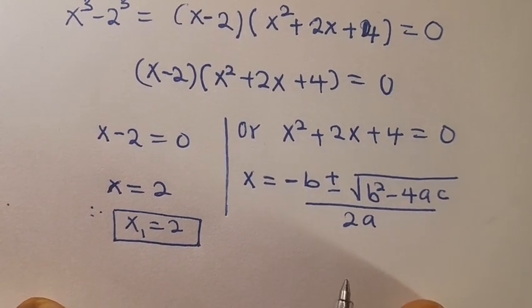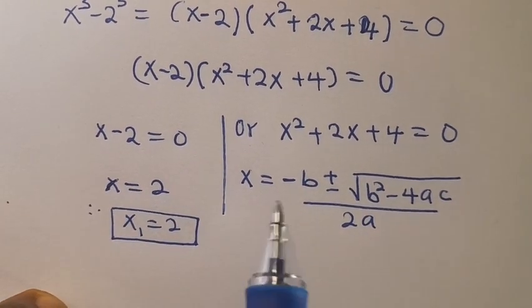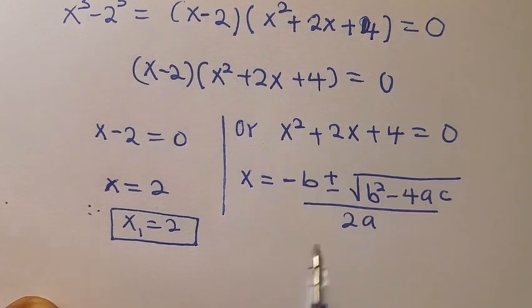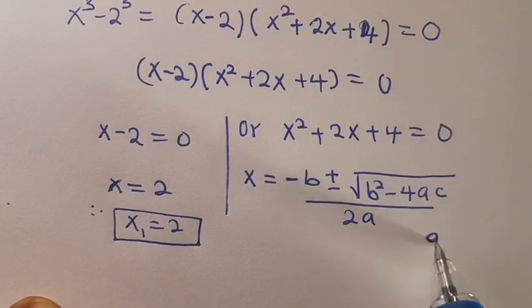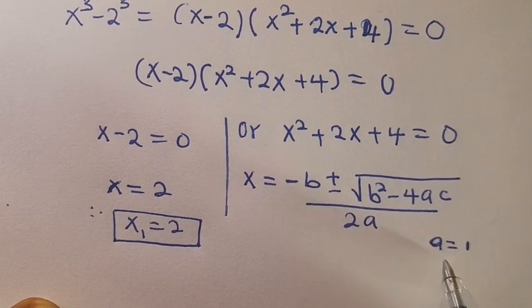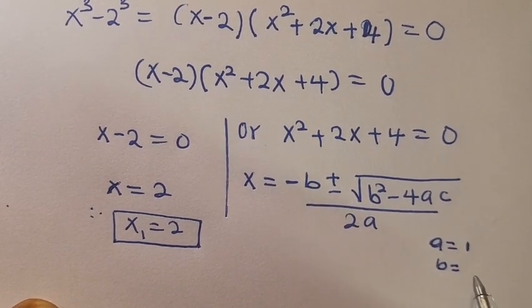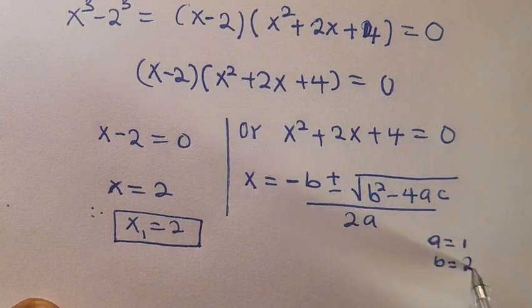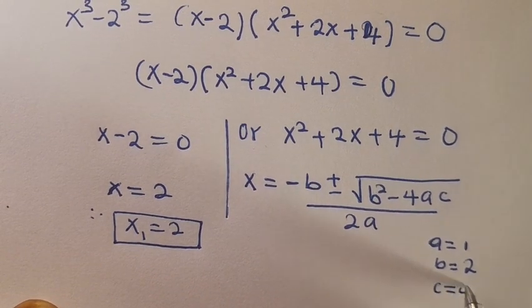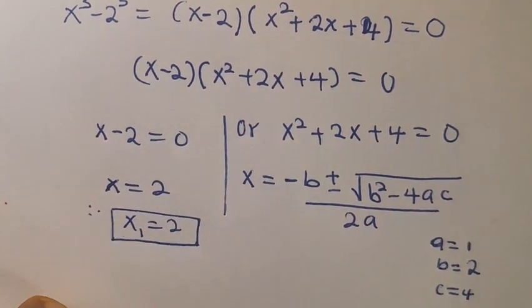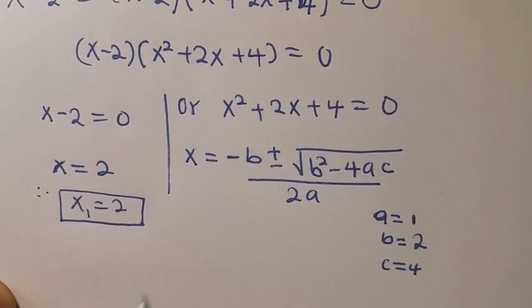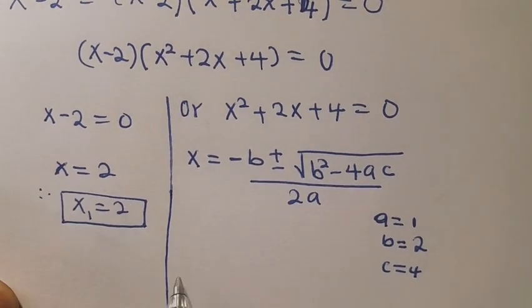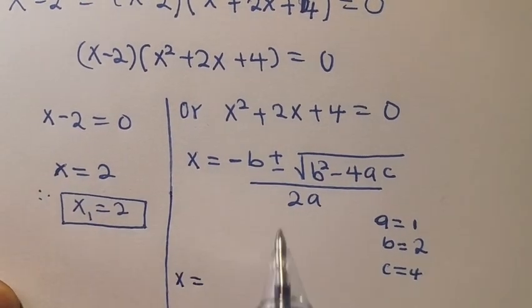And we are going to have this to be our a from the above is the coefficient of the highest power, which is x squared. Then we have the coefficient to be equals 1. Then the coefficient of the next one, which is x, is 2, and the constant value is 4, which is equals c.